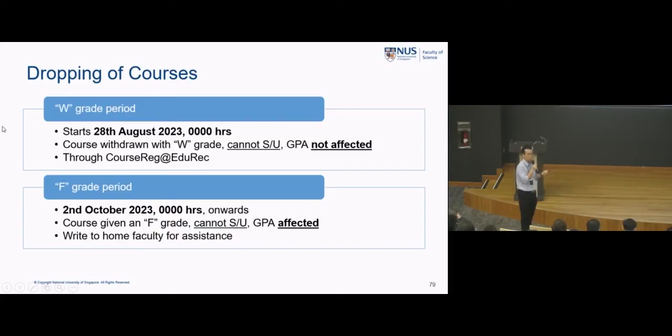You cannot drop it without being reminded that you are going to get an F grade reflected in your transcript, which cannot be exercised with the SU option. And this is going to affect your GPA. So do not do this without consulting your faculty. I would advise all of you to write to the faculty for assistance if you have crossed into this period and you still want to drop a course.